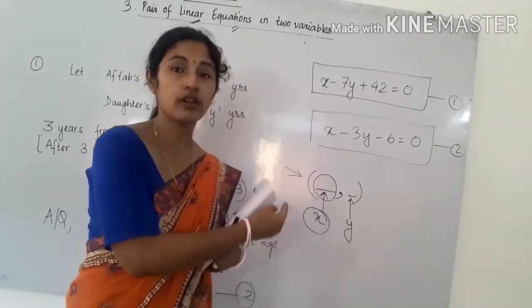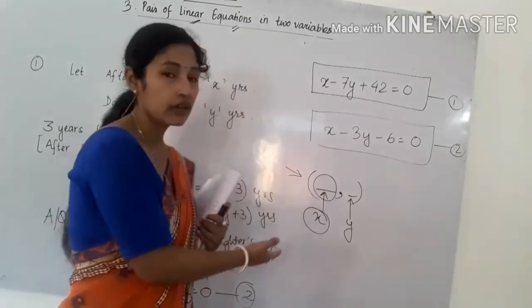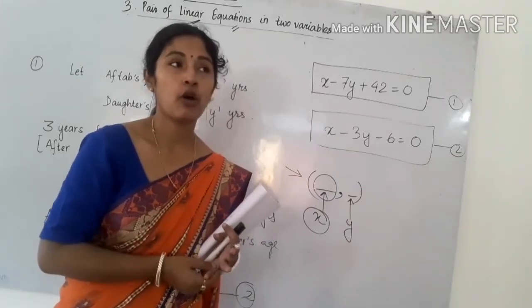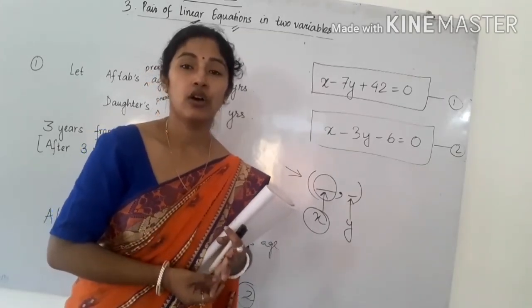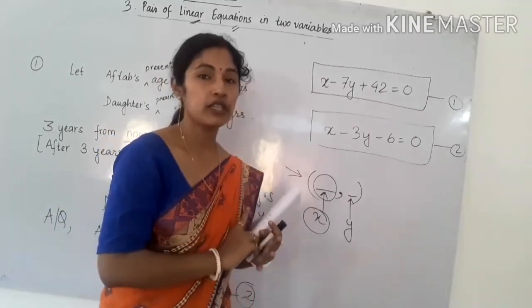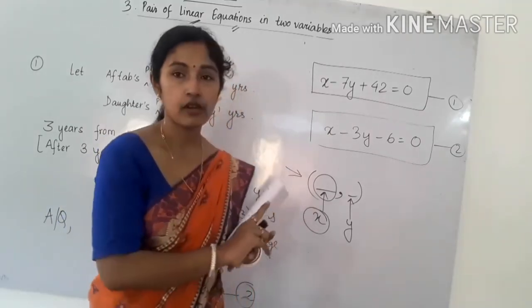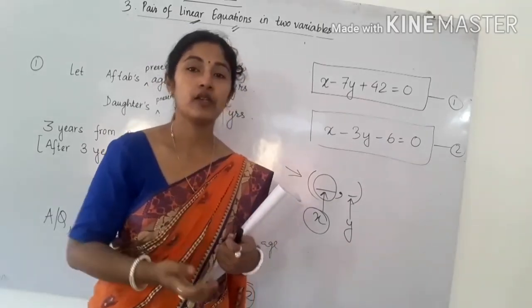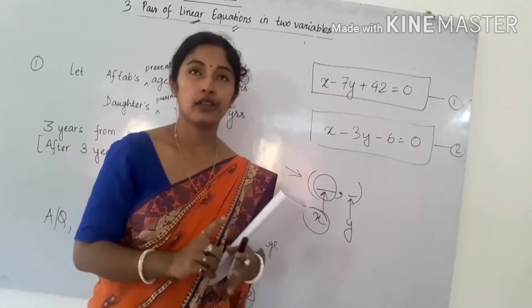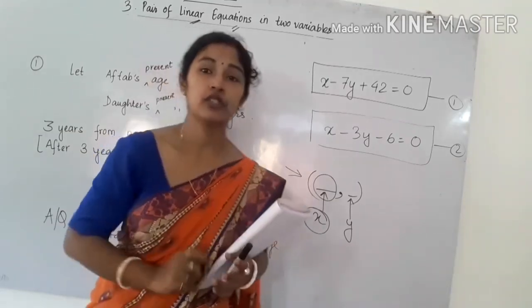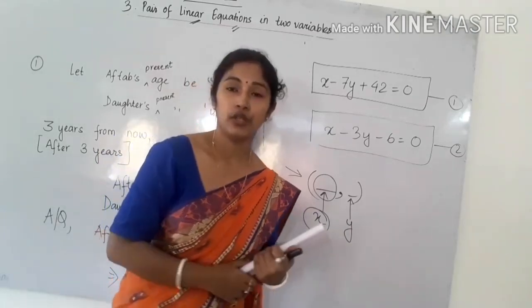This is called the graphical method. By using a graph you can find the solution. It may come as a common solution, no solution, or infinitely many solutions. Just do it, and the rest of the 3 methods I will discuss in my next lecture, and that will be the most important part of this chapter. So thank you.